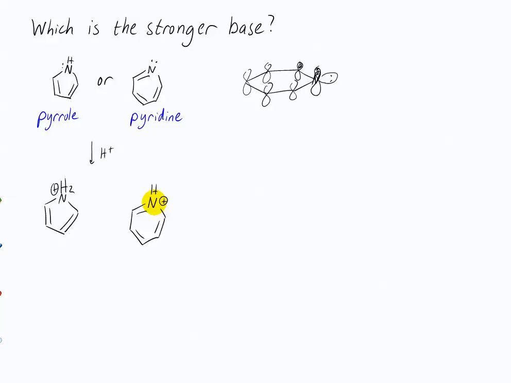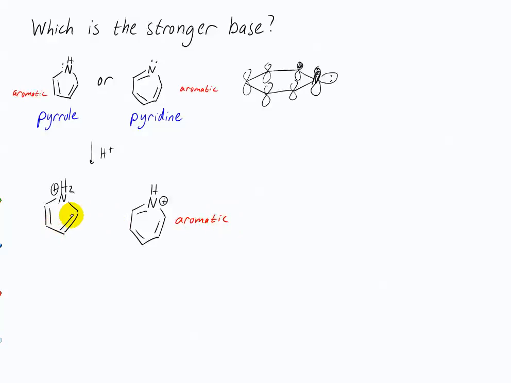Let's look at the aromaticity again. We said that this was aromatic, right? And we said that this one was aromatic. Now let's look at those conjugate acids. Is this aromatic? It is. What about this one?